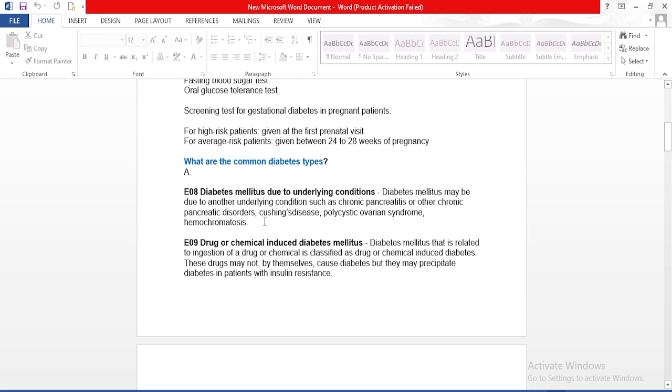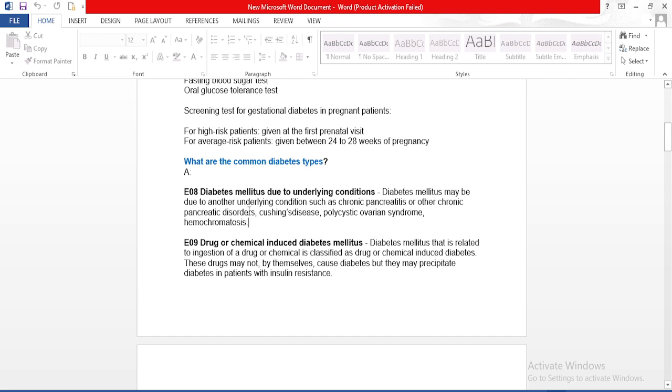Basically, if anyone has these conditions, he may get diabetes mellitus. So E08 is for diabetes mellitus due to underlying conditions. Because of these underlying conditions, the patient may have diabetes.